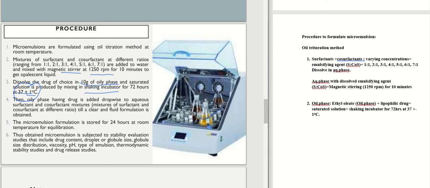Now here the next important step is addition of the oily phase into the aqueous phase having surfactants.